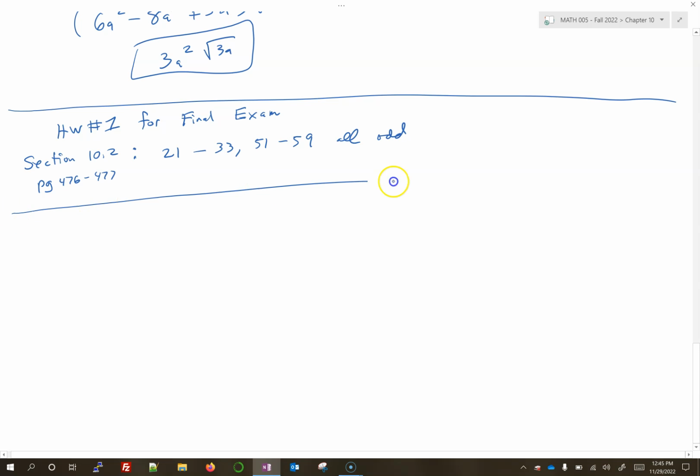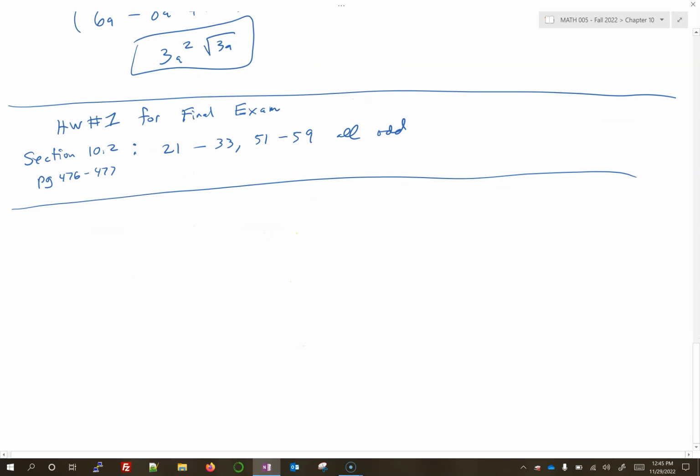So if you're able to do that problem set, I think you'll be good to go. So just feel free to go through these examples, but that's it. So this is going to be due the next time we meet, which is going to be Monday, December 5th. Okay, and this is homework number 1.